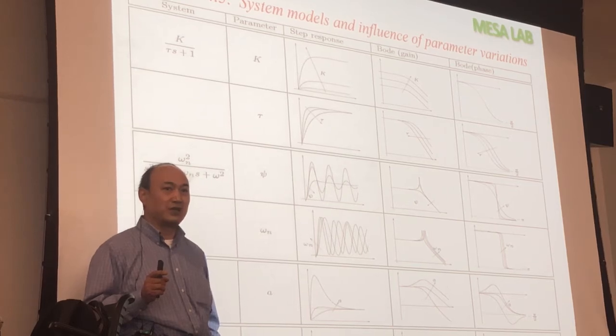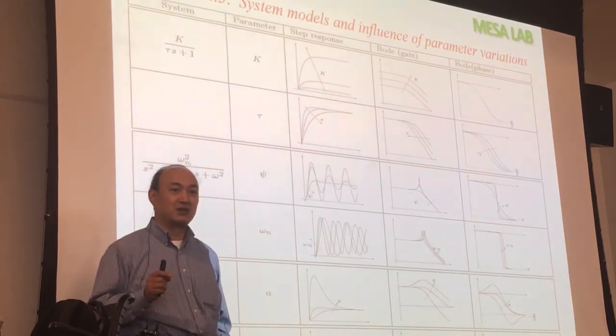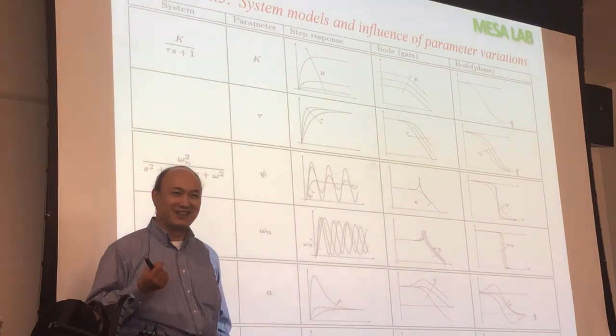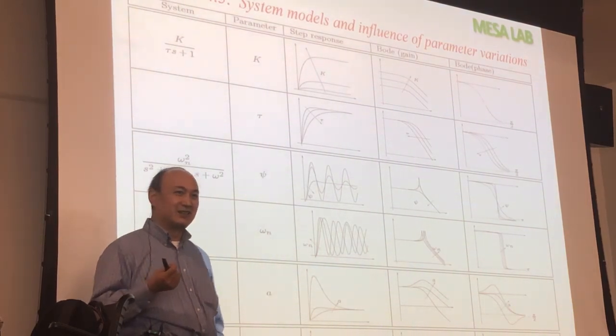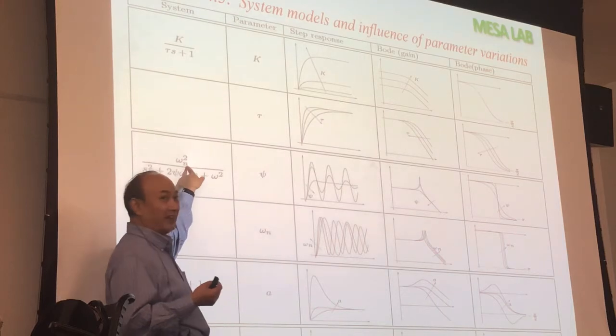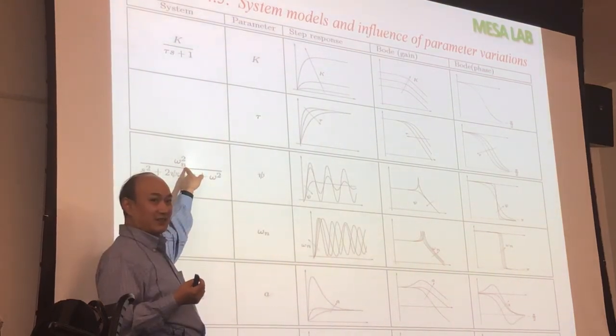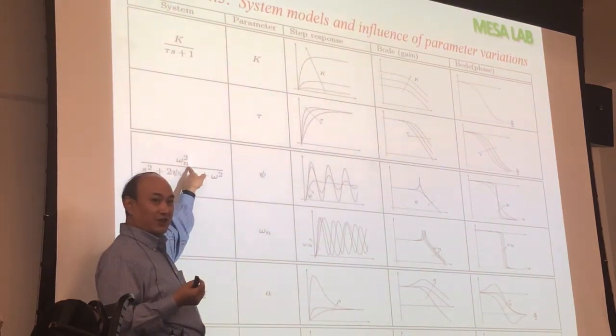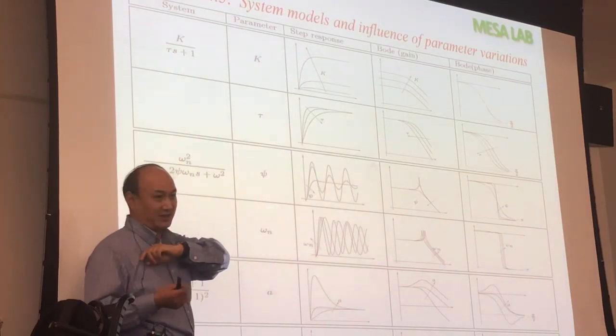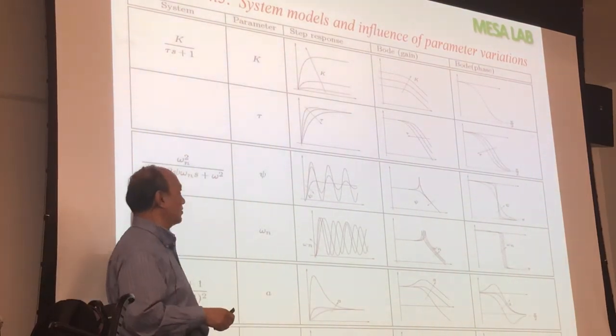And that's why omega n has a name. It's called what? You should ask what does n stand for? Natural frequency. Yeah. Because this is the system's natural behavior.